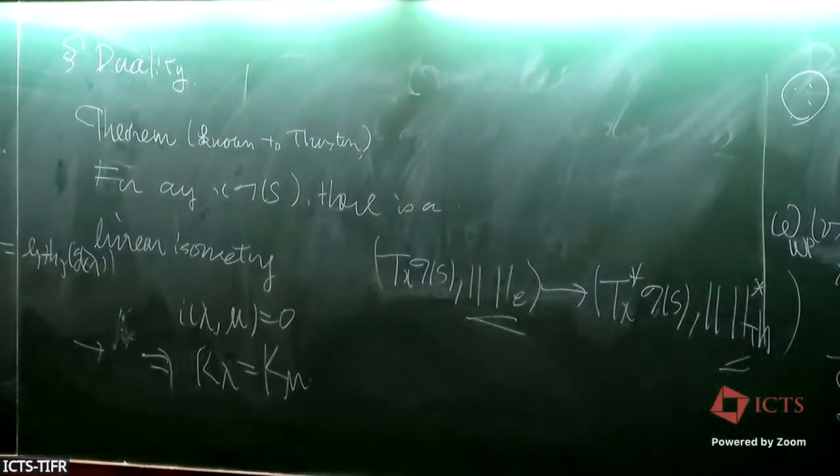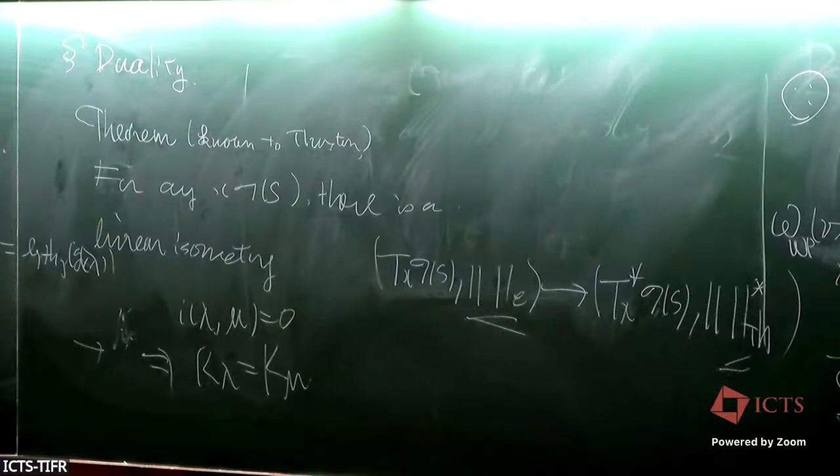In the curve complex, so what was your curve complex? It's a set of simple closed curves, and if they are disjoint, they are joined by an edge in the curve complex. And it's known that the curve complex is connected. That means for any two simple closed curves, there's a sequence of simple closed curves, and each adjacent pair is disjoint.